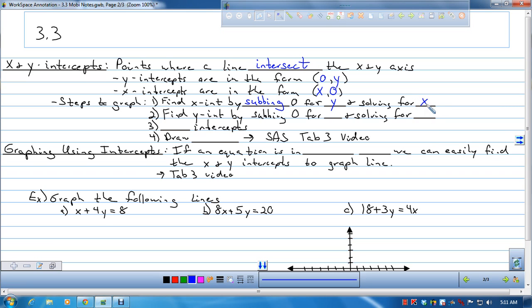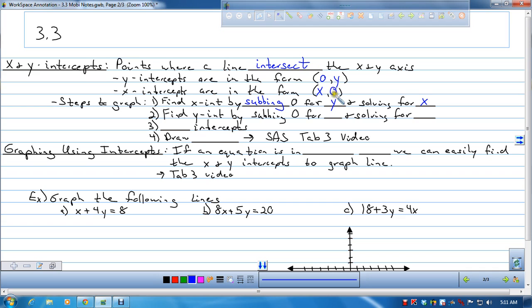Now, some people get this confused, but it makes sense when I look up here. For my x-intercepts, what is my y value always going to be? It's going to be 0. So to find my x value, I want to plug in 0 for y and solve for x. Initially it might look a little backwards, but when you give it some thought, it makes sense.